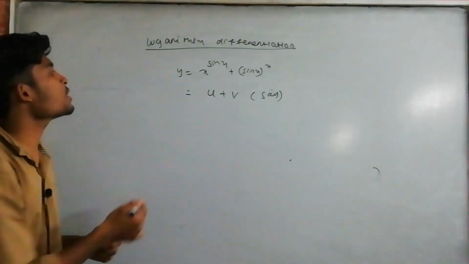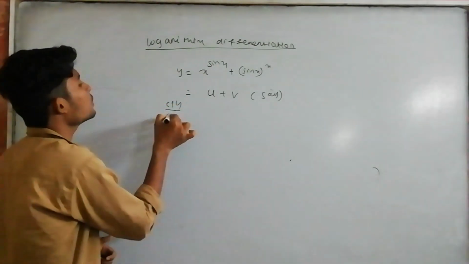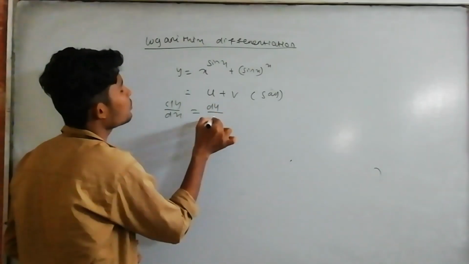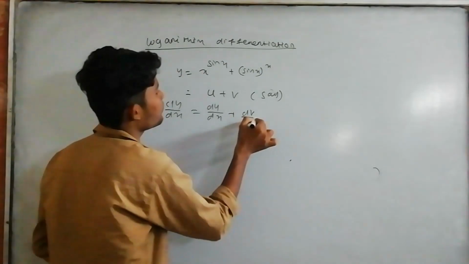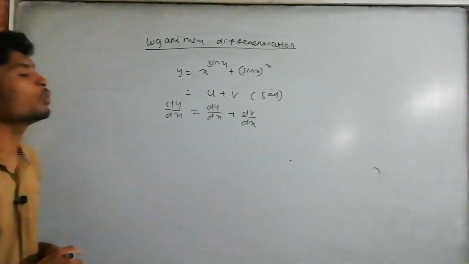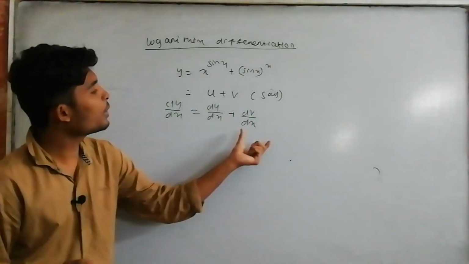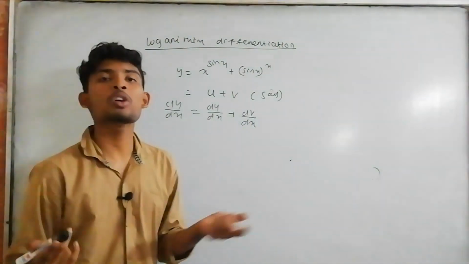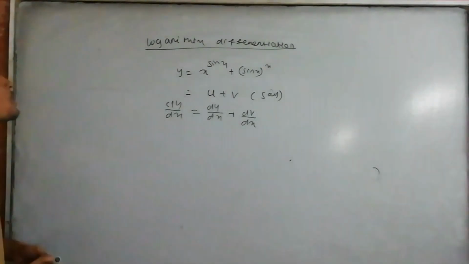Okay, then what is dy by dx? We know dy by dx is du by dx plus dv by dx. And simply you have to find the derivative of u and then the derivative of v, and then you have to add them. Okay, simple things.